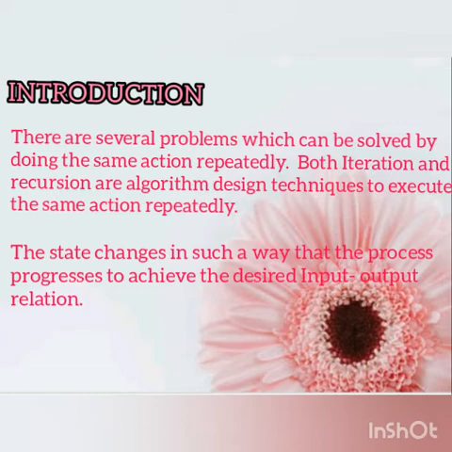Therefore, the same action is repeatedly executed but in different states. The state changes in such a way that the process progresses to achieve the desired input-output relation. So, only when the state changes its value will you get the desired input-output relation.